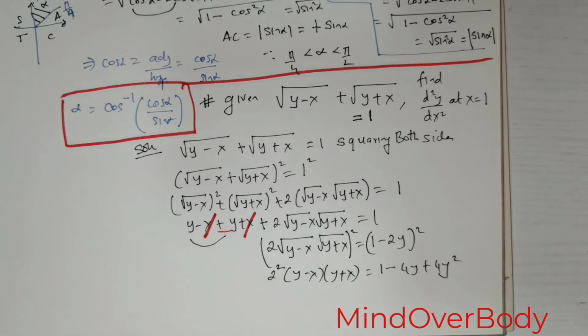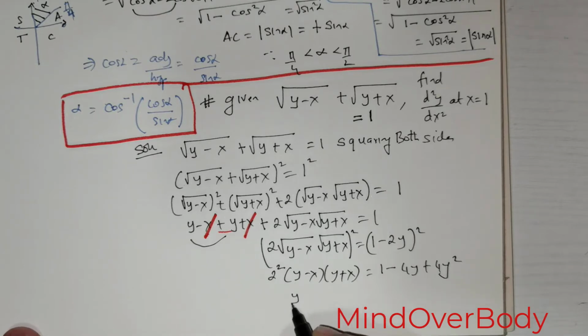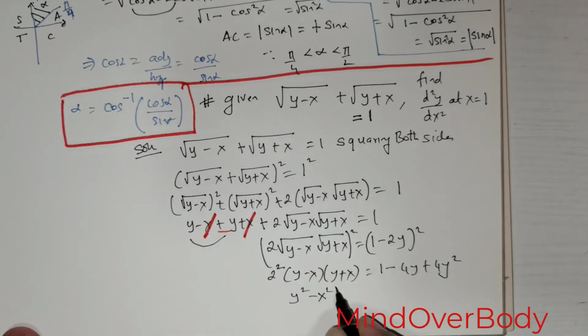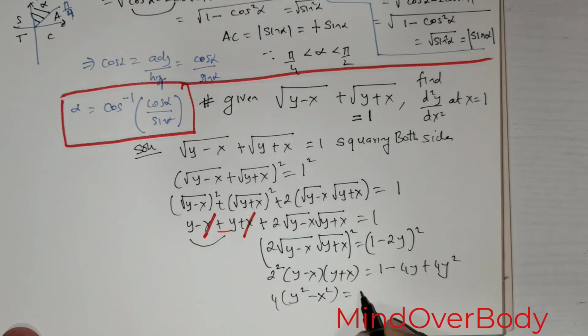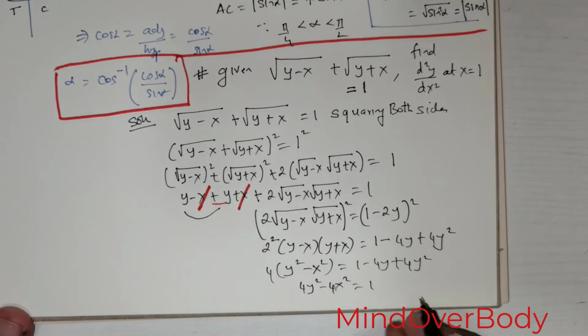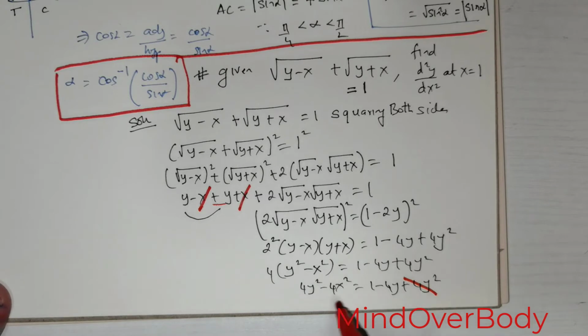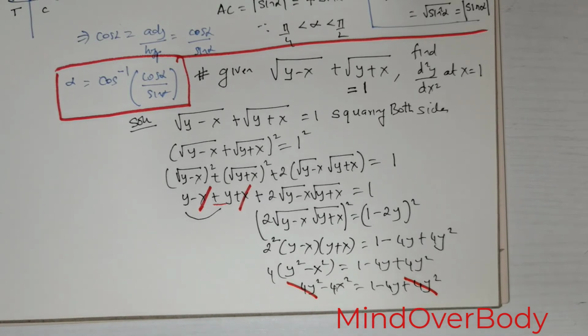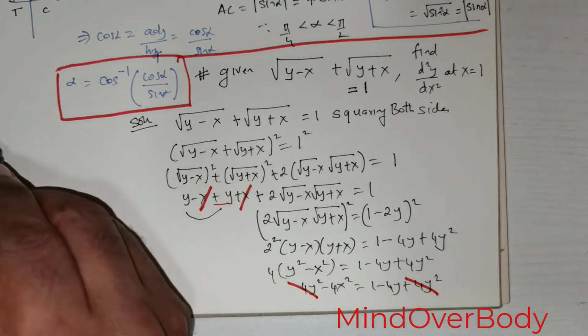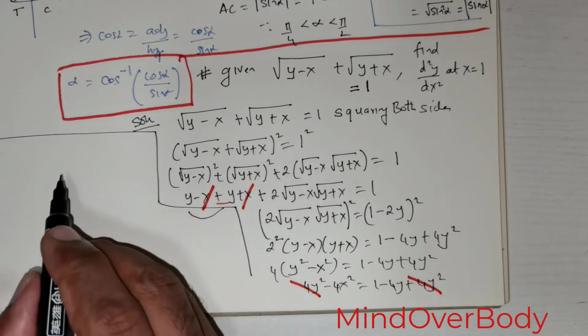So what we can do is rewrite this as y squared minus x squared times 4 is equal to 1 minus 4y plus 4y squared, which is 4y squared minus 4 times x squared is equal to 1 minus 4 times y plus 4y squared. So 4y squared gets cancelled. Now what do you get?